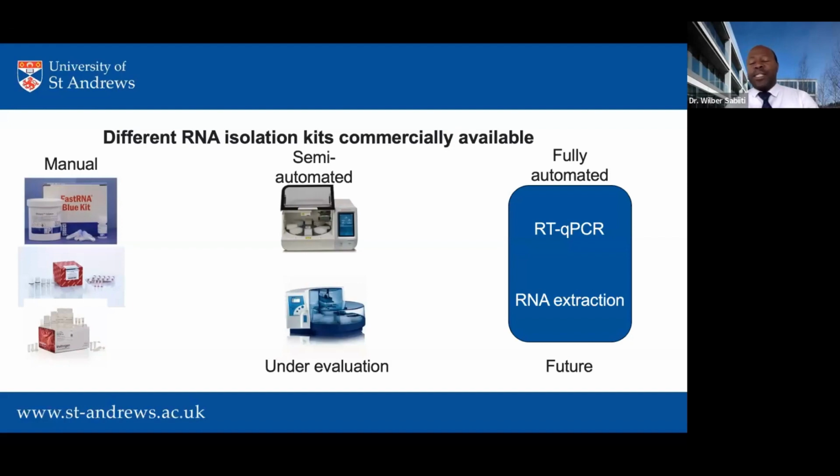With fully automated systems, sometimes the chemicals used in the extraction can inhibit the PCR, and that limits the number of sample types that you can use. So there are advantages to both systems, and we plan to keep both. Those who want to use the manual or those who want to use automated can use them.